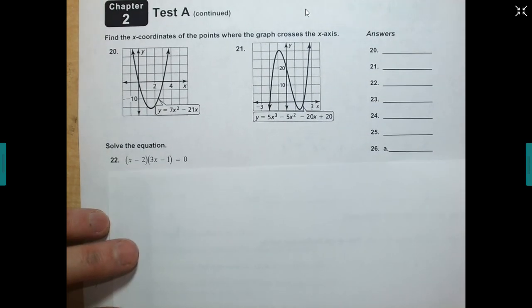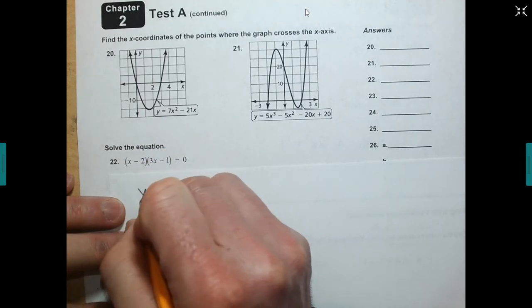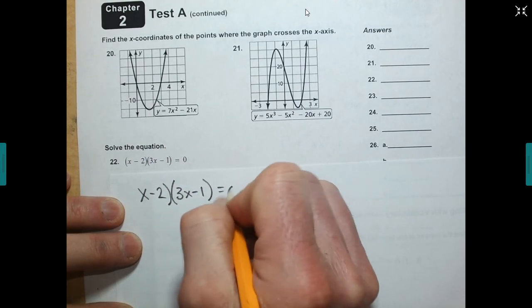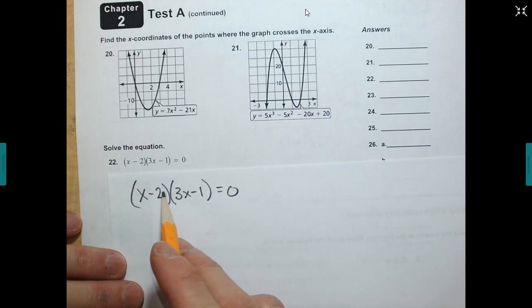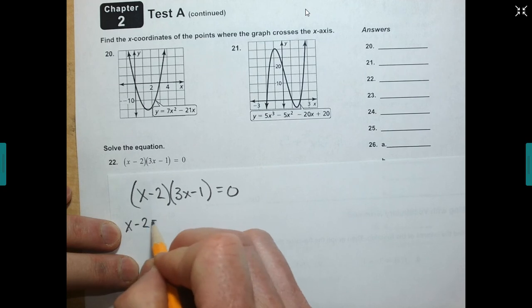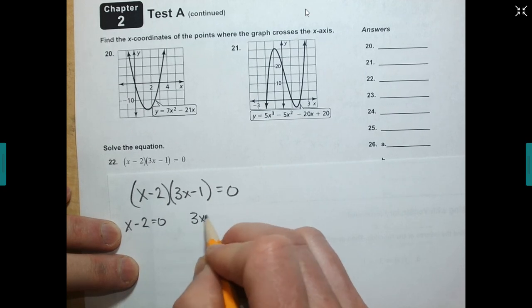Now, let's get into here. Let's solve the equation. X minus 2, 3x minus 1 equals 0. So, to solve this equation, we need to set both of these equal to 0.